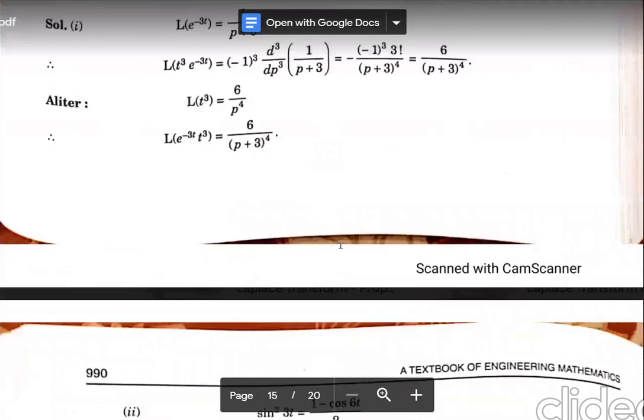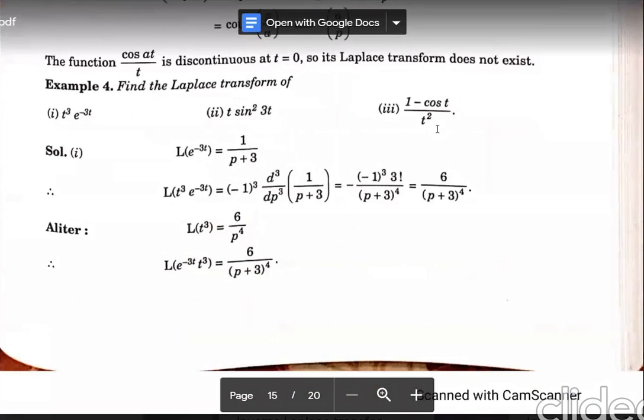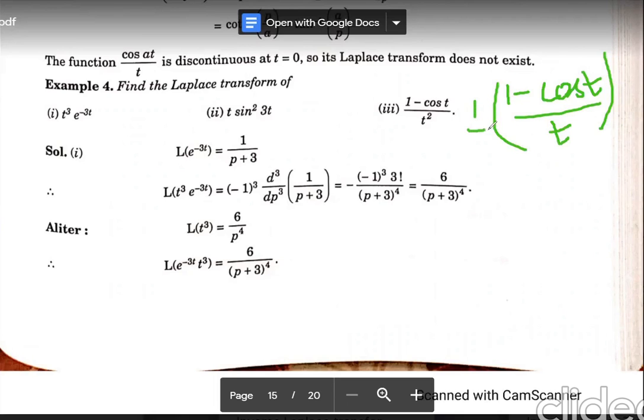Here it is 1 minus cos t by t square. That is very simple also. This 1 minus cos of t, you can write as t into t square, or minus cos t by t square.